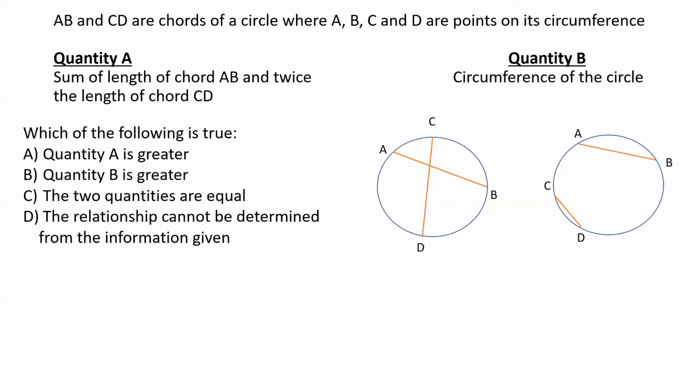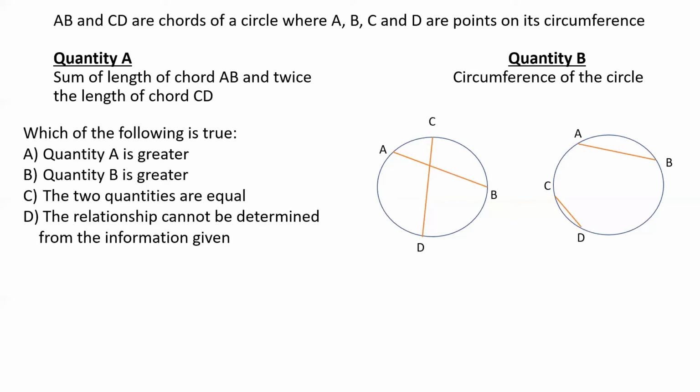If we compare that to quantity B, that might give more insight into what relationship quantities A and B have. For that, we ask the following question: what is the maximum possible length that a chord of a circle can take?